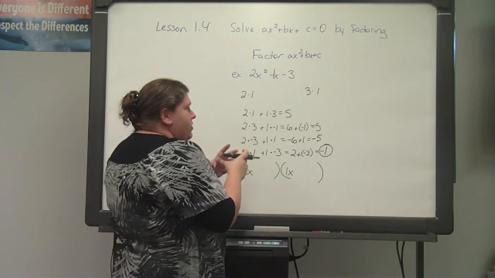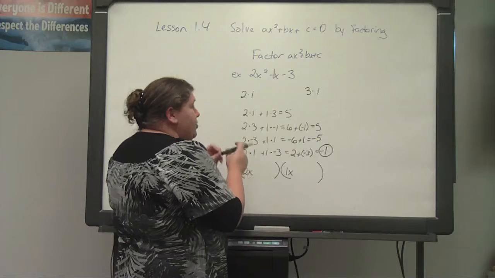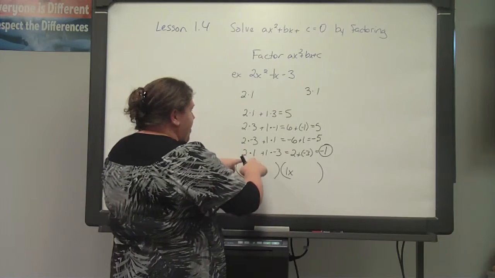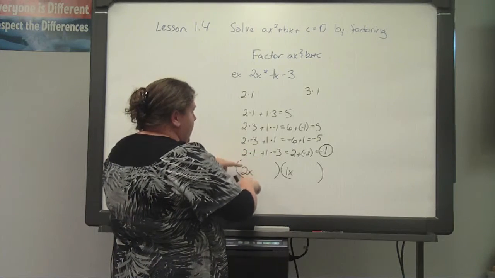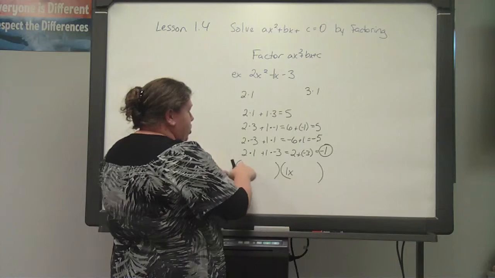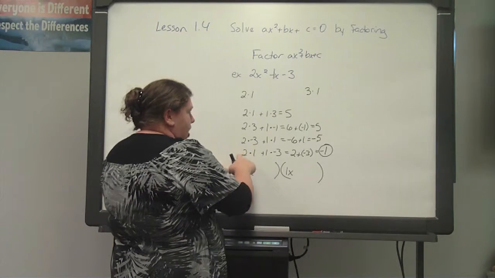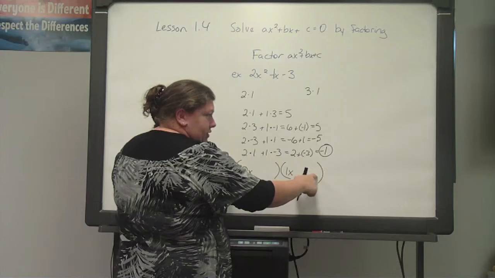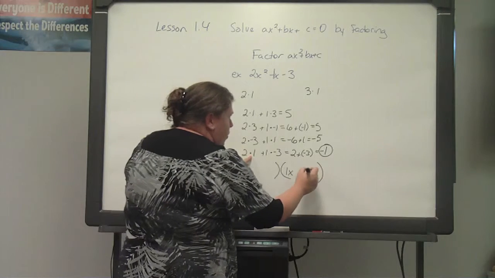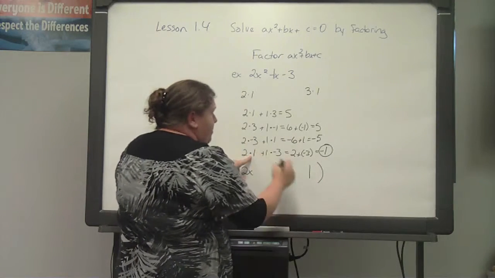And this is what will confuse some people. So I try to make sure that everybody understands that whatever you multiplied this 2 by has to go in the opposite parentheses. So we multiplied it by 1, and it was a positive 1.